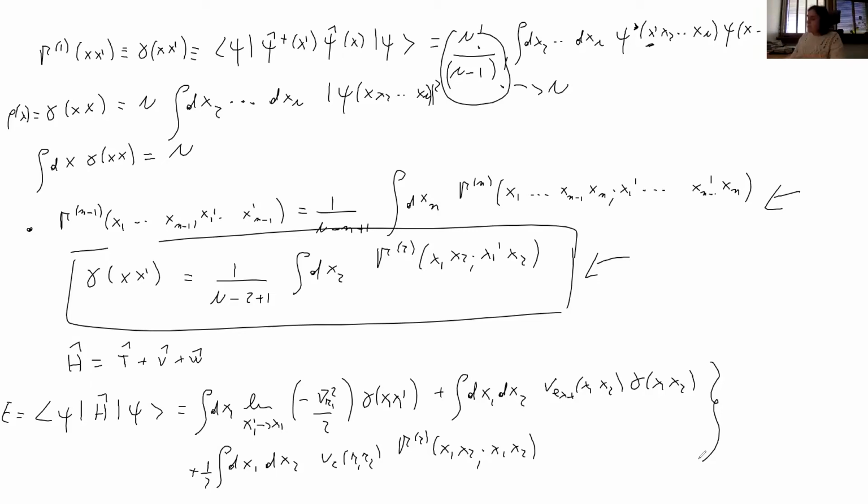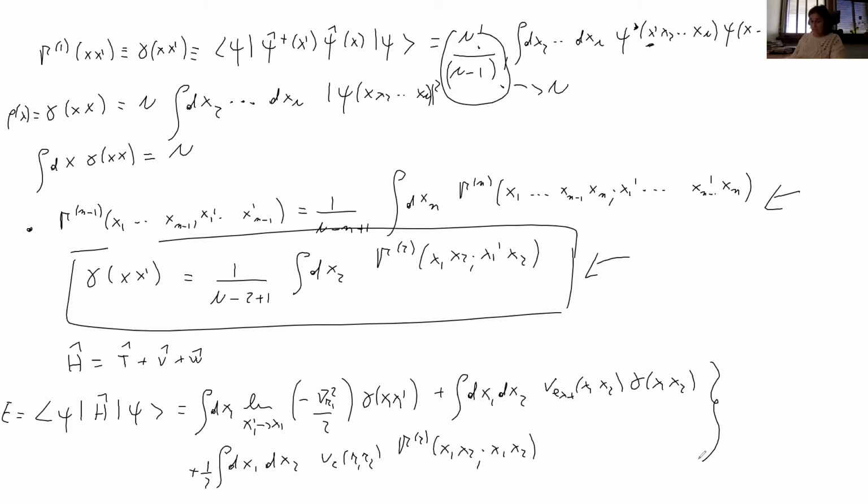Now, the complete set of conditions for a gamma 2 to be N-representable were derived quite recently, in 2012, but they are quite complicated to apply in practice. There are quite a lot of conditions and it's not clear how you can apply them to minimize this energy, okay?